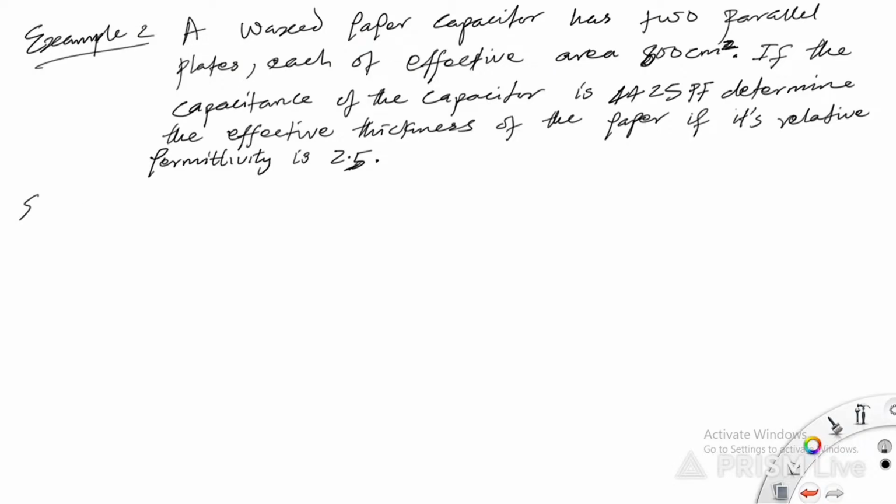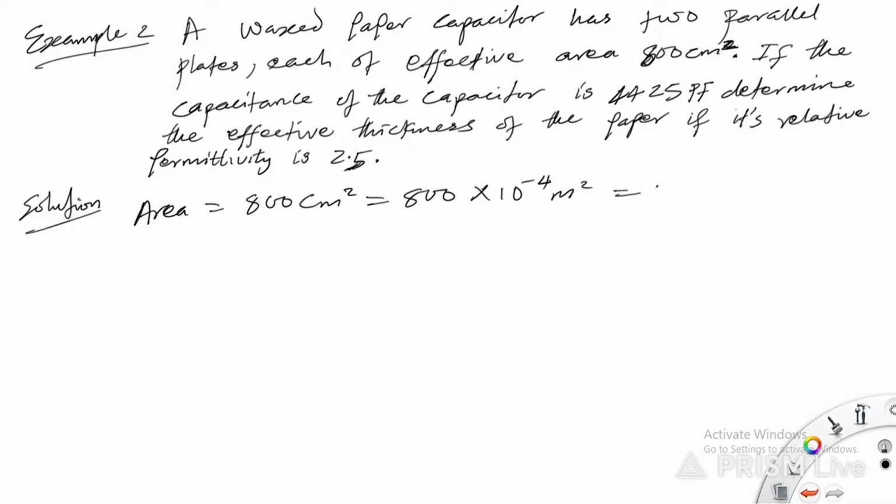So let's solve. Solution. First thing that we would do is bring out our parameters. We have area 800 centimeter squared, which is equal to 800 multiplied by 10 to the minus 4 meter squared, is equal to 0.08 meter squared. You can check out the conversion.